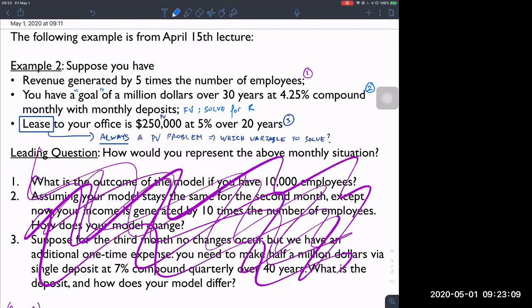You're supposed to be doing this for both the second and third bullet. Set them up, get your calculator out, and make sure it's all done.